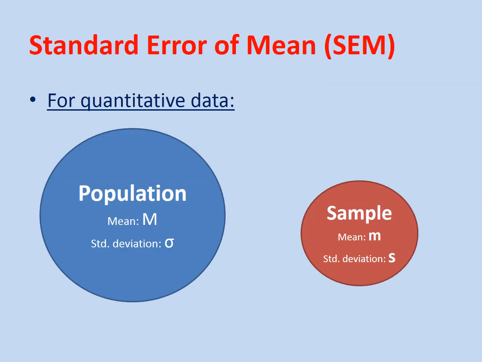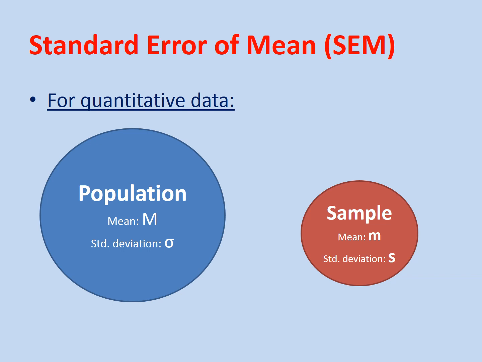Up till now you have understood the concept of sampling variation, and the measurement to quantify that sampling variation is standard error. Now there are two types of standard error. First is standard error of mean, and second is standard error of proportion. These are the two terms you have to remember, and they are used for different types of data. Let's first understand the standard error of mean.